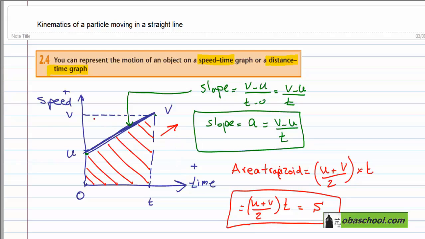Thus, the object will be moving in a positive, uniform, or constant acceleration. While if the speed-time graph is a descending straight line, then its slope is negative, and the object thus moves in a negative, uniform, or constant acceleration, or what we call a uniform or constant deceleration. And finally, using the speed-time graph, we can find the area under this graph, which is equal to the distance that the object passes between 2 points of time on the x-axis.